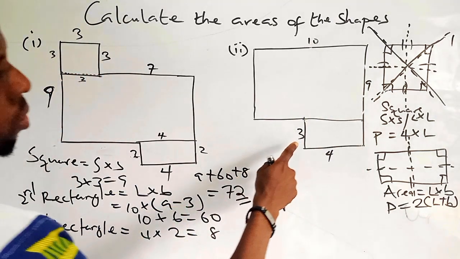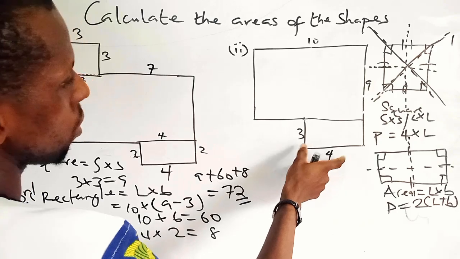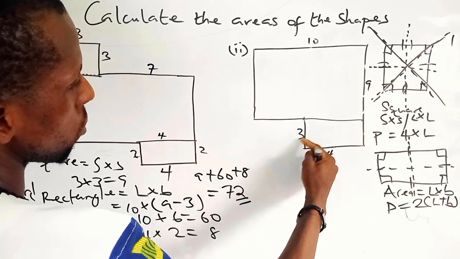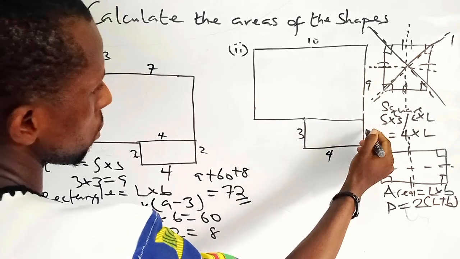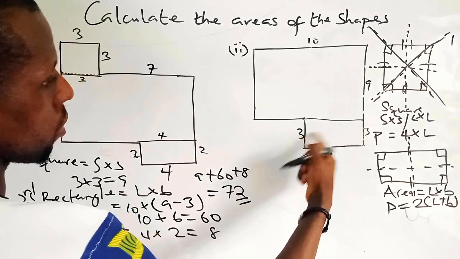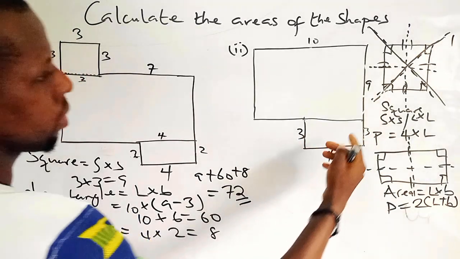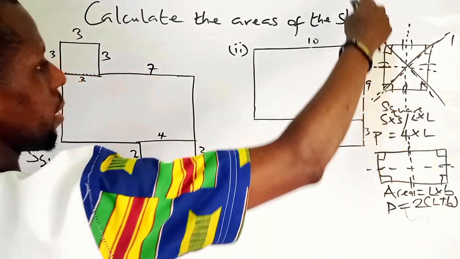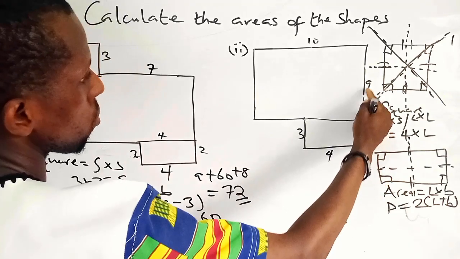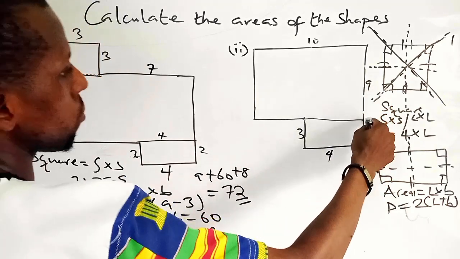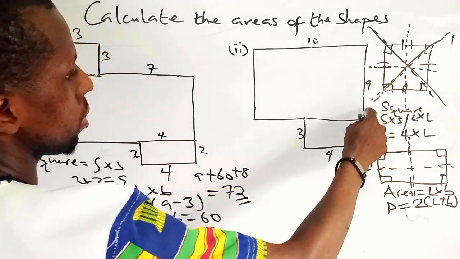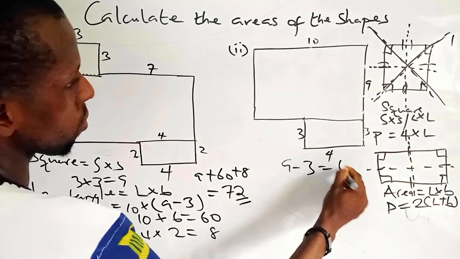For this small rectangle, the opposite side facing this 3 is 3. They are opposite and they are equal. So if everything is 9 here and I've gotten 3, the dimension from here to here should be 9 minus 3, which is 6.